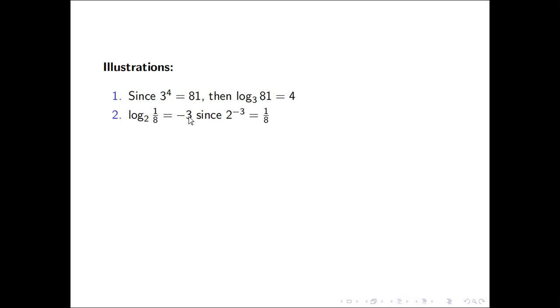And we know that's negative 3 because this is the reciprocal of 8. Again, since 2 to the negative 3 is 1 over 8, that means log 1 over 8 base 2 is negative 3. Now, to switch from this form to this form, you can just simply draw arrows like this. 2 to the negative 3 equals 1 over 8.